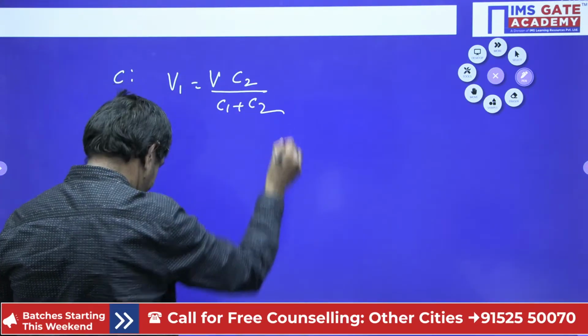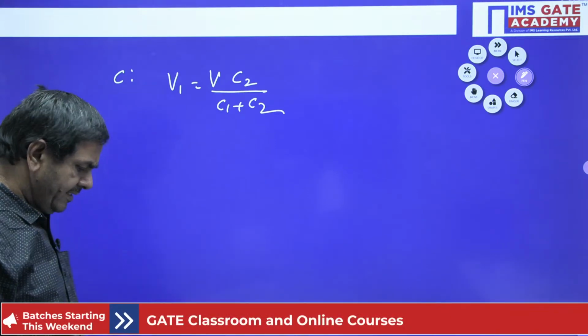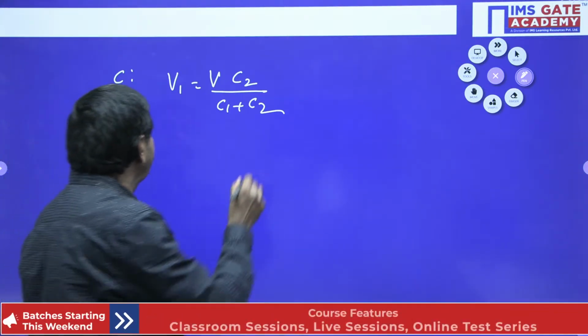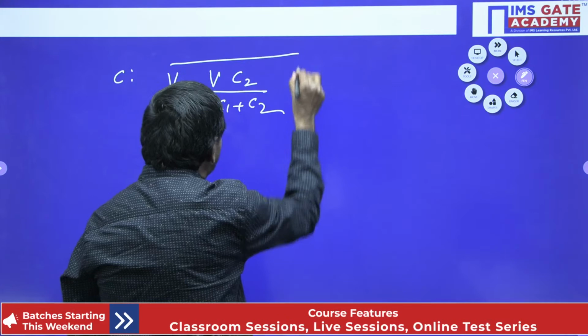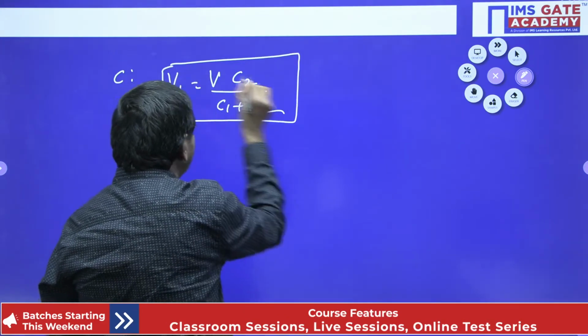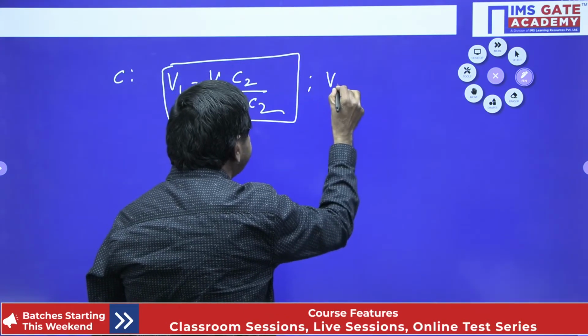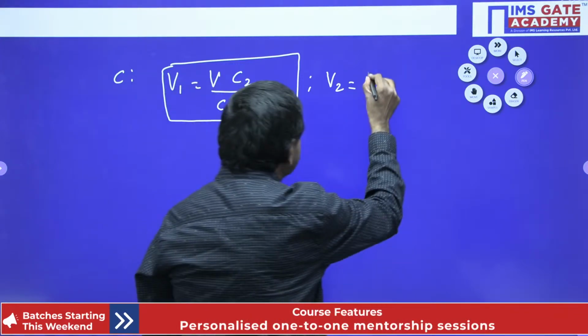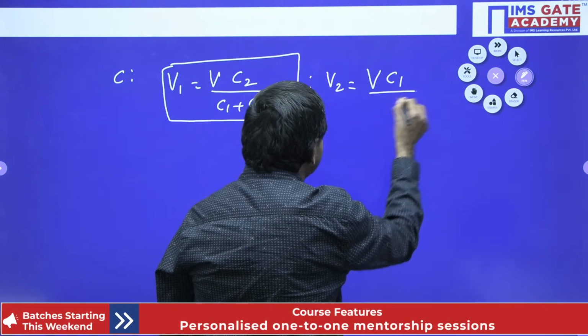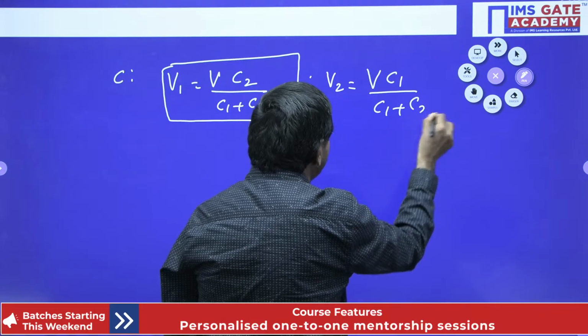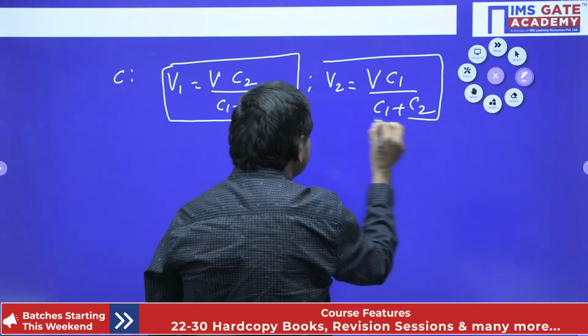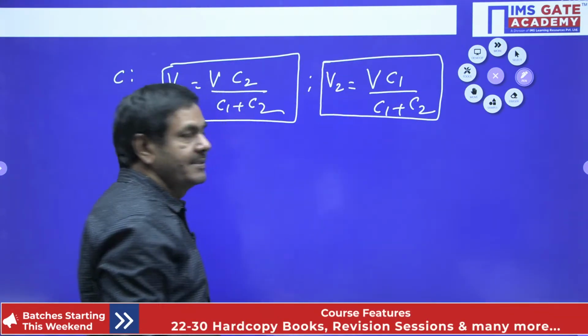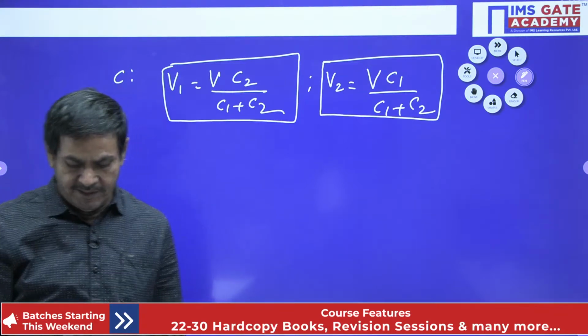It is a must: V into C2 by C1 plus C2. In the same way, for the V2 value, it is the supply voltage V into C1 by C1 plus C2. So this is voltage division formula 1. Understand now.